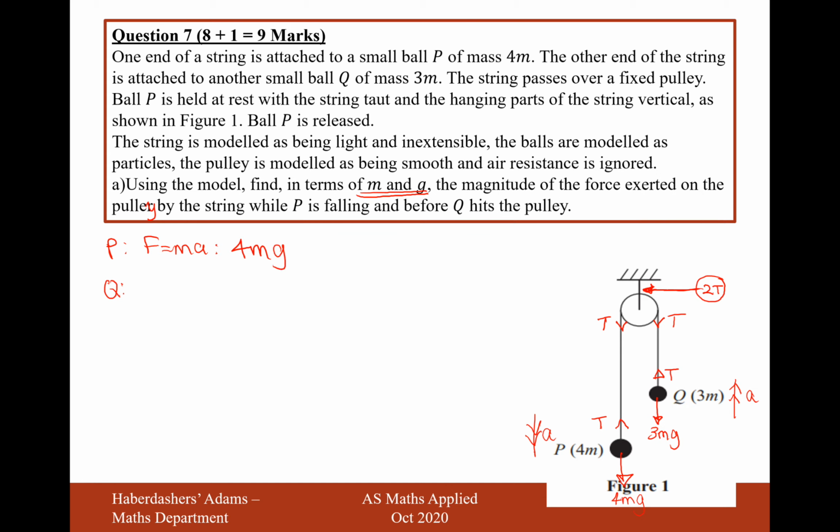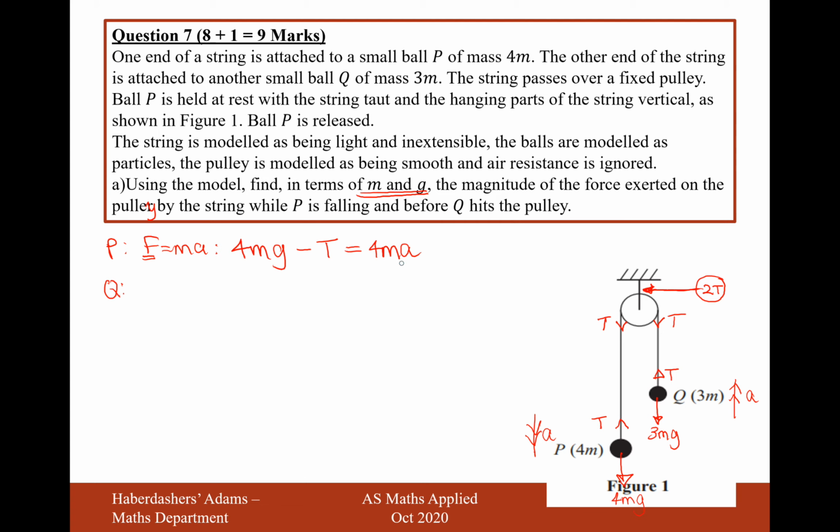That's included as positive, and then we have T as another force, but acting in the opposite direction to acceleration, so that's going to be included as a minus T. So we've included all of our forces on the forces side of the equation. This is now going to be equal to the mass of the particle, which is 4m, times acceleration, which is a.